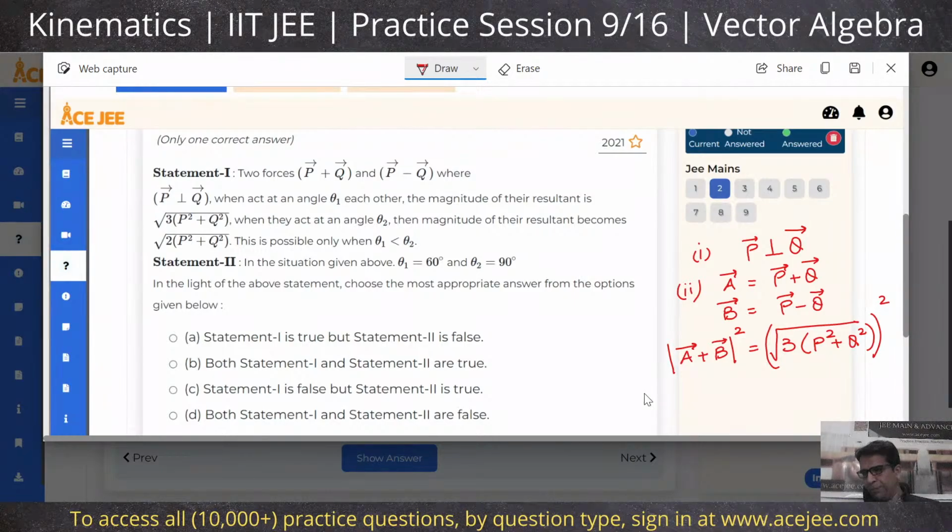Both the statements are true. Okay. So let's talk about the approach then, beta. Manan, Chavi.